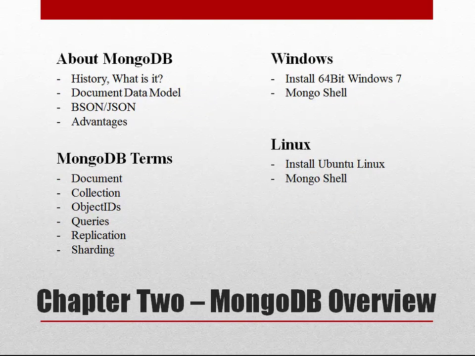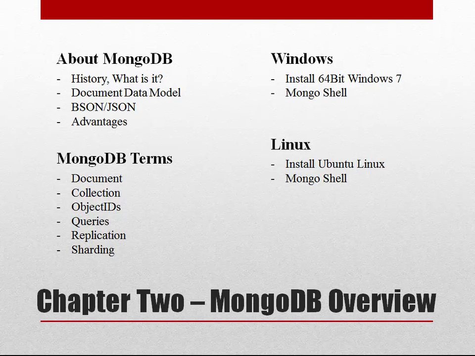In Chapter 2, we'll focus on MongoDB specifically. We'll talk about what it is, a little history, and the document data model that it uses, as well as the BSON and JSON text formatting. Again, the advantages of MongoDB. We'll talk about the different terms.